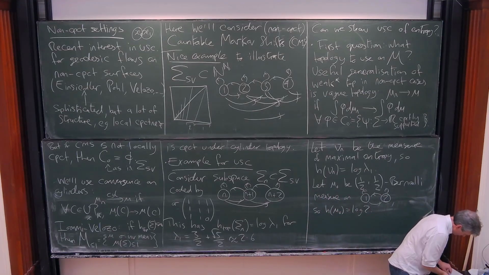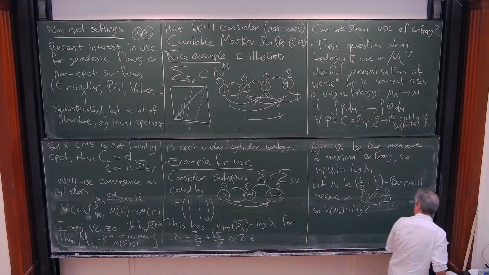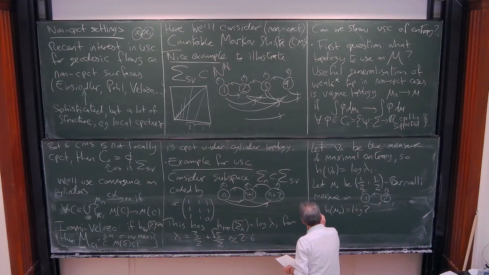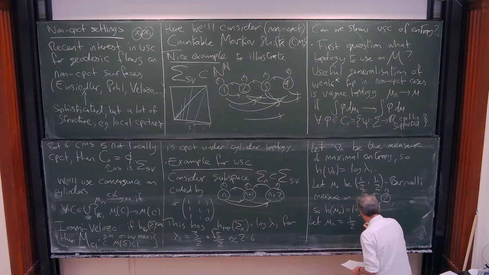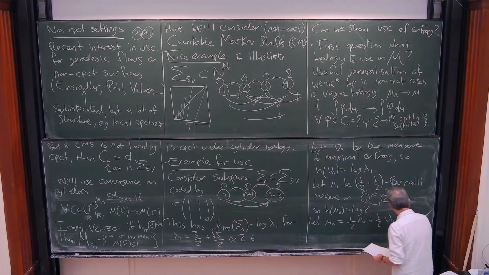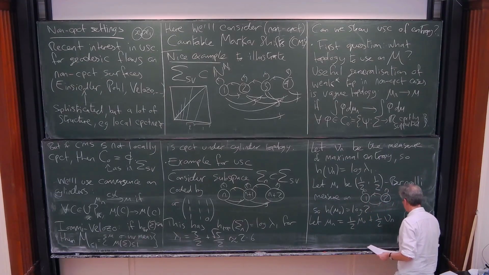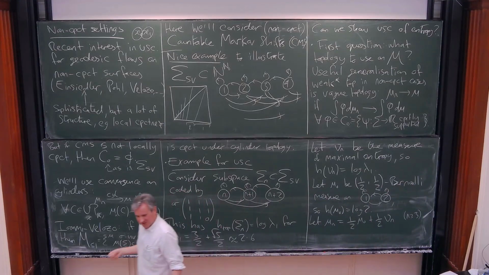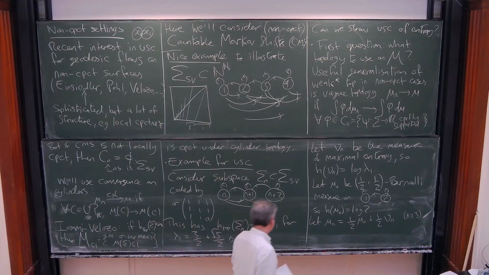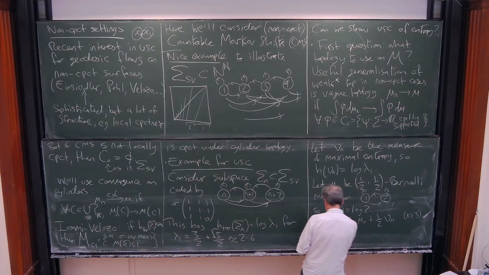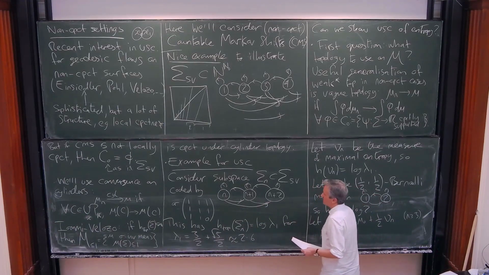Again, that can be thought of as classical. So then I'm going to let mu n be equal to a half times mu 0 plus a half times nu n. I'm thinking n greater than 3. And there's nothing special about a half here. I could have chosen any number between 0 and 1. A half is a standard thing to look at.